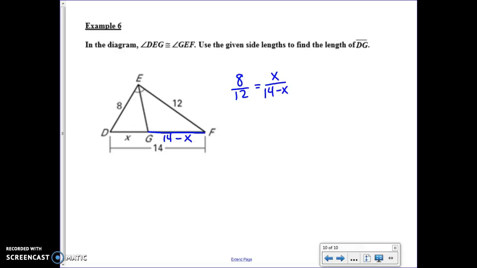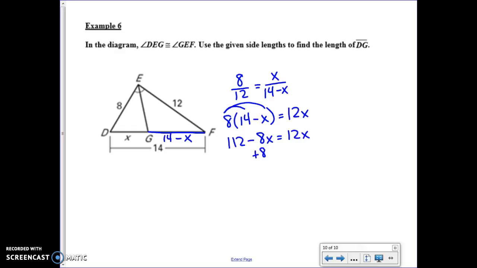So now we're going to set up to cross multiply. So I get 8 times 14 minus X is equal to 12X. Now we need to distribute. So 8 times 14 is 112, and then 8 times the minus X is minus 8X, equals 12X.